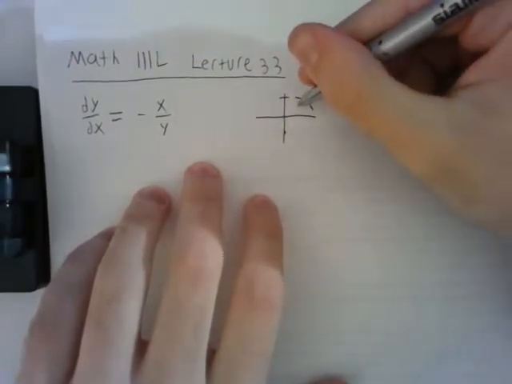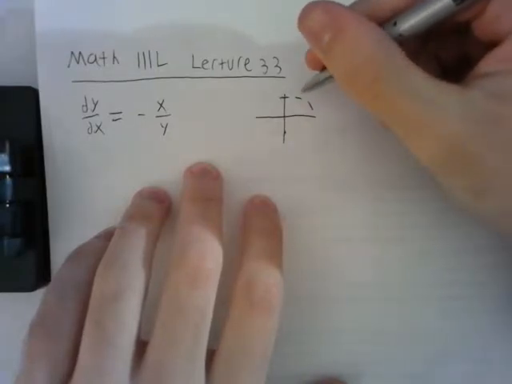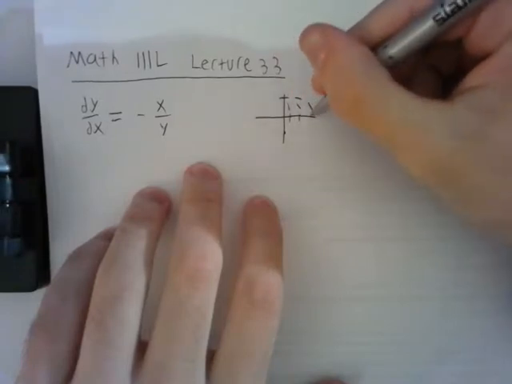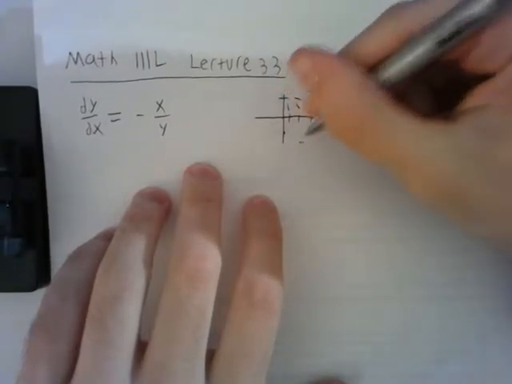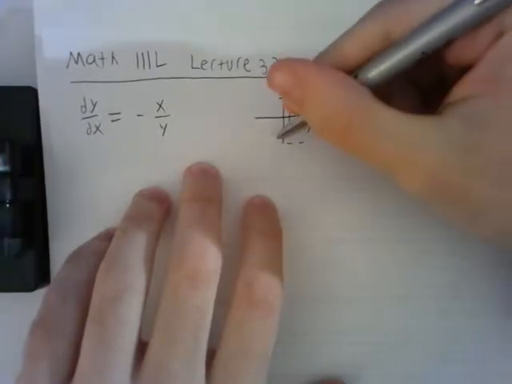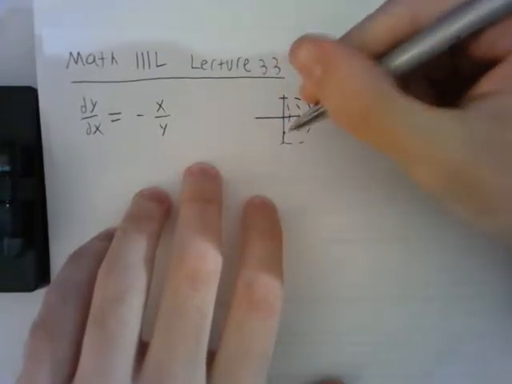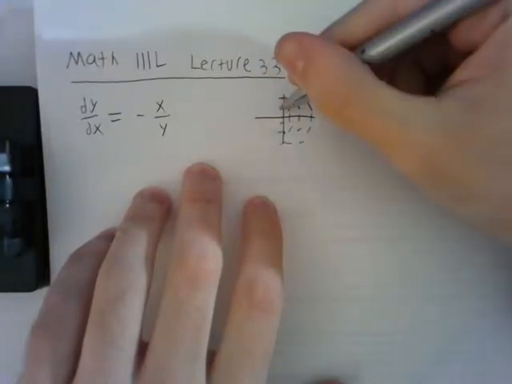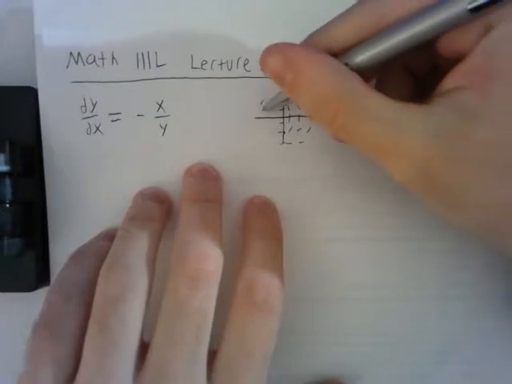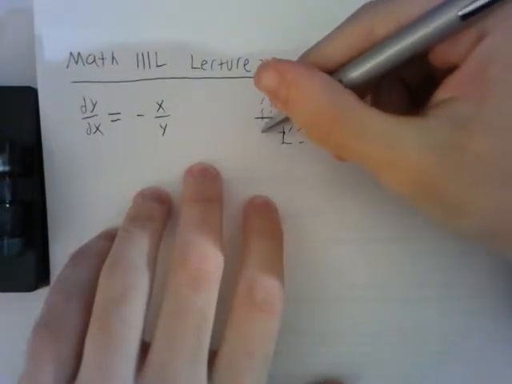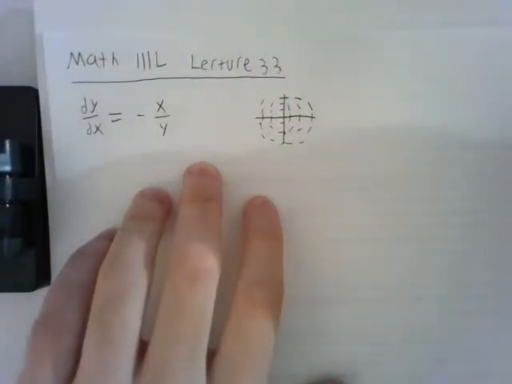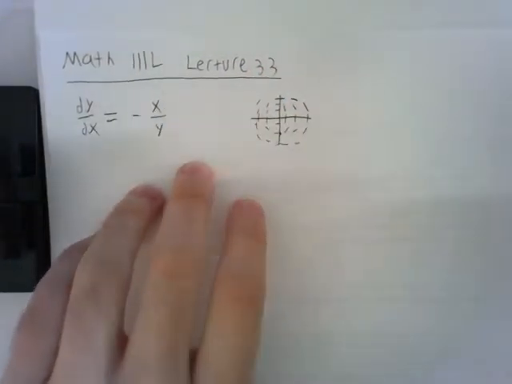It turned out that the slope field looked something like this. So it sort of went around the origin in circles. So we have some idea of what the solution to this equation should look like, even though we don't have an equation for it at the moment.